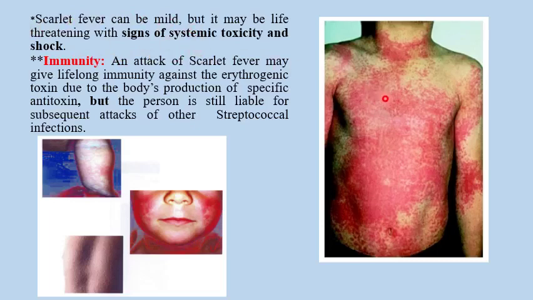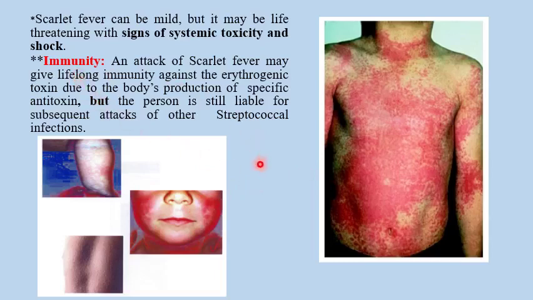And here of course we can see the rash مالي الجسم. The trunk and the chest is full of the rash. The red punctate منقطة نقط حمراء. This picture shows the circumoral pallor around the mouth and the nose, white pale in color, and the rest of the face is red in color.